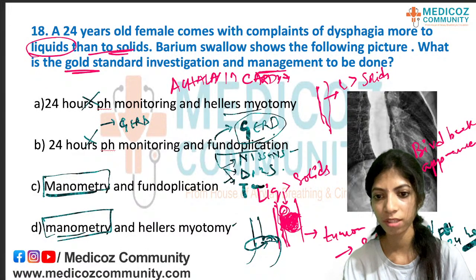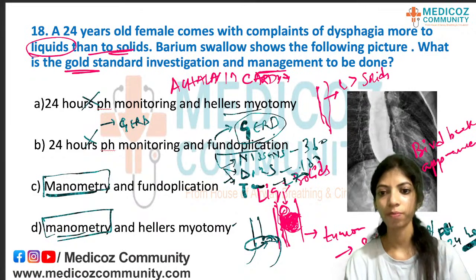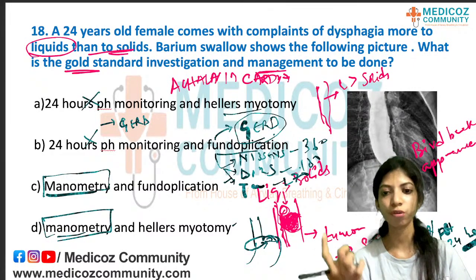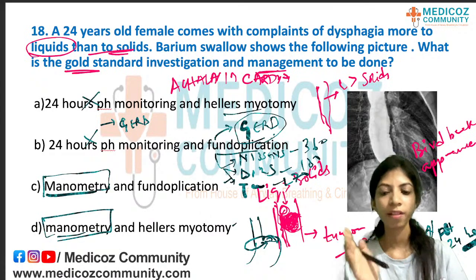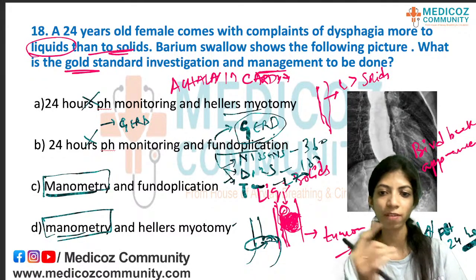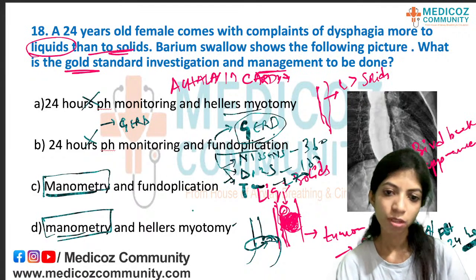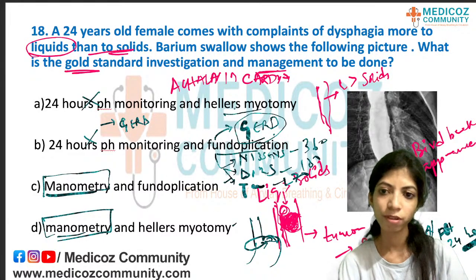You can remember these as 360, 180 and 270. If you rotate it completely, 360 degrees, then it is called Nissen's. If you rotate it half and leave it, then it is 180, and Toupet's is 270 degrees. Okay. But this is not in case of achalasia.